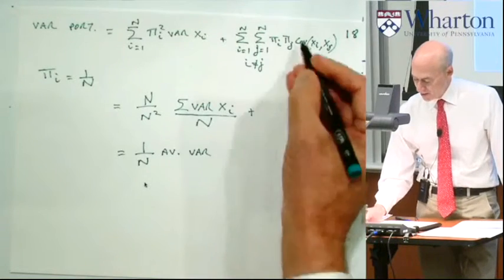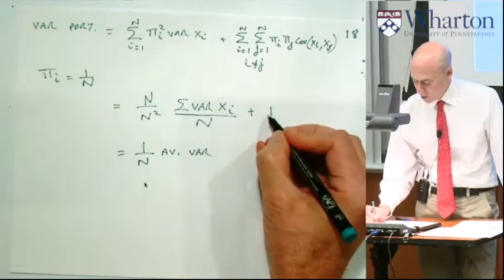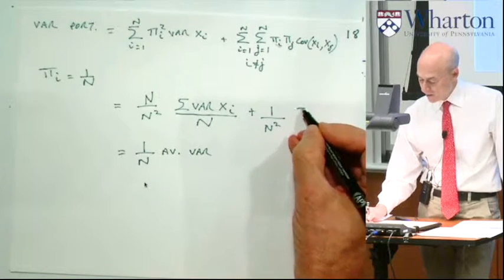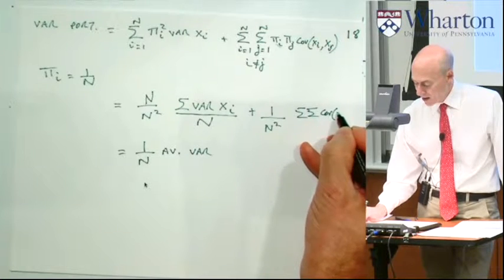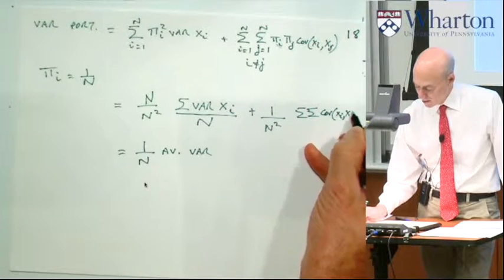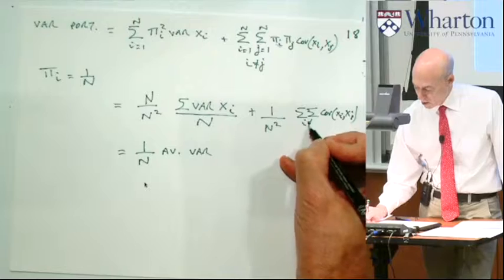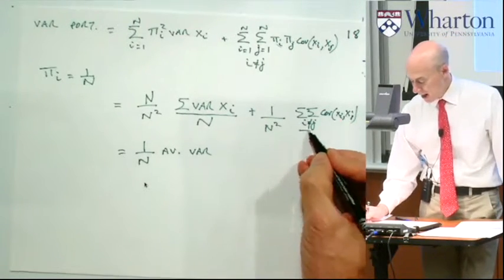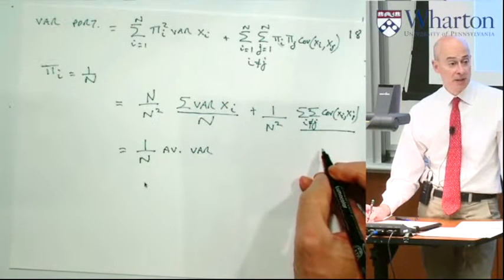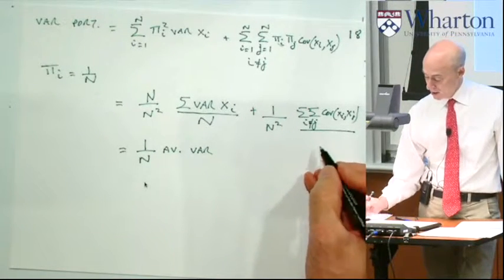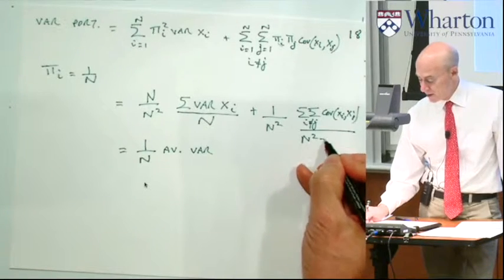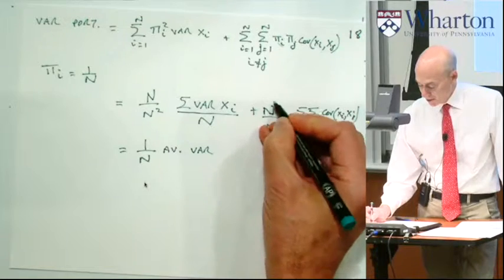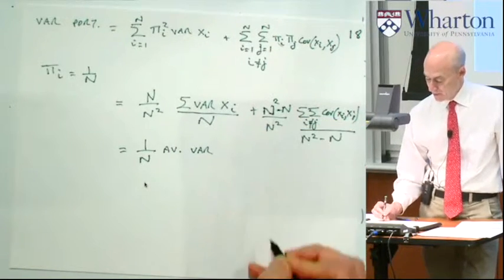And then we've got pi i, pi j, that's again 1 over n squared. And then we've got the sum of the covariances. We want those to be in the same format, so we're going to divide by the number of covariances, n squared minus n, and multiply by it to keep it the same.